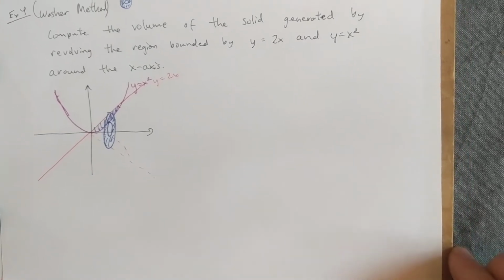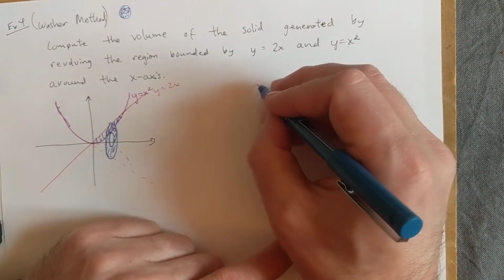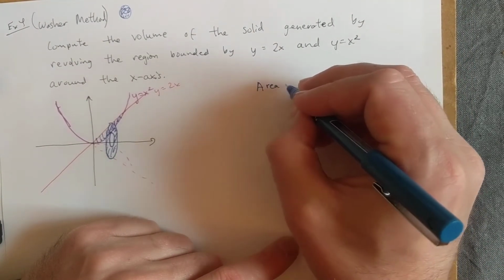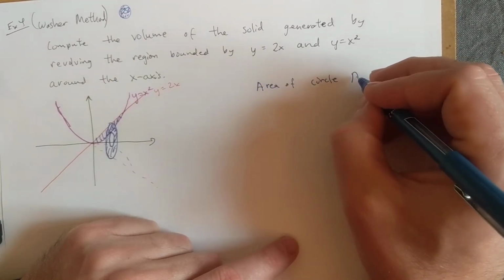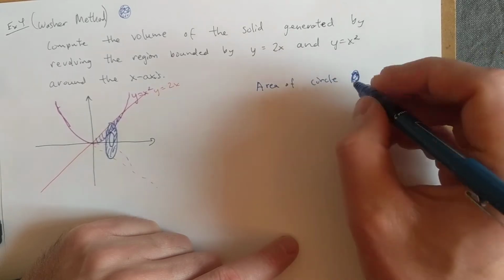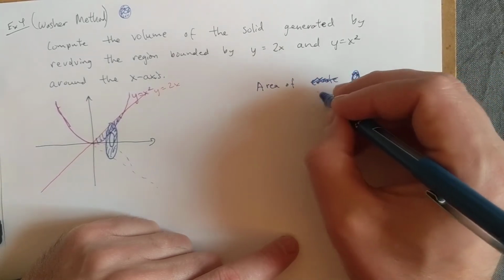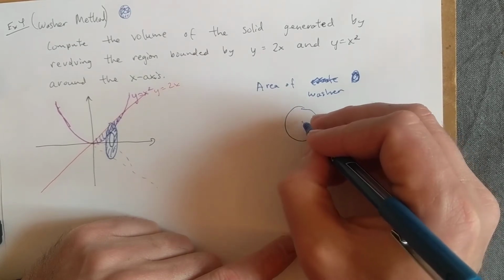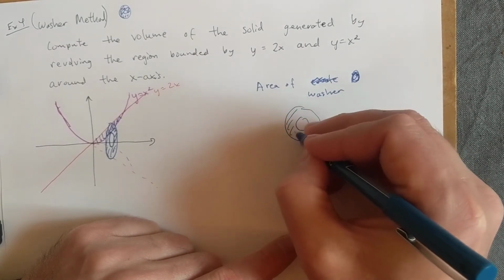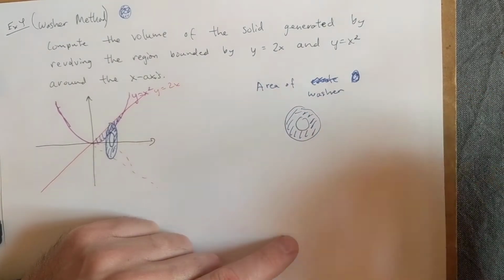And the way we're going to compute this, think about the area here. The area of a circle in general is pi r squared, but this is the area of a washer, where we're missing a circle from the middle.